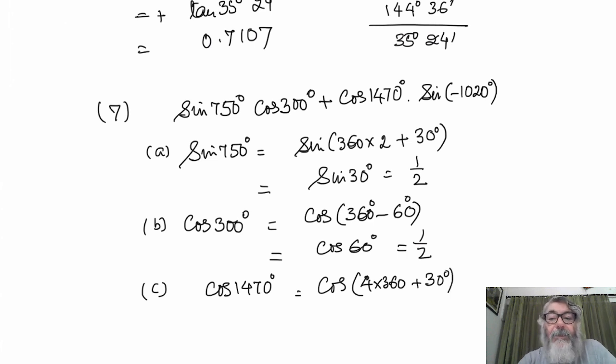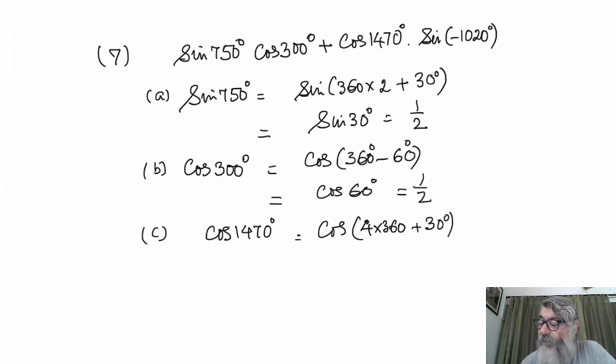So it is cos of 4 into 360 plus 30 degree. That means again it is going to go into the first quadrant. In the first quadrant everything is positive, and because the transformation is taking place along the x-axis, there is no change, so it will be cos 30. The value of cos 30 is root 3 by 2.